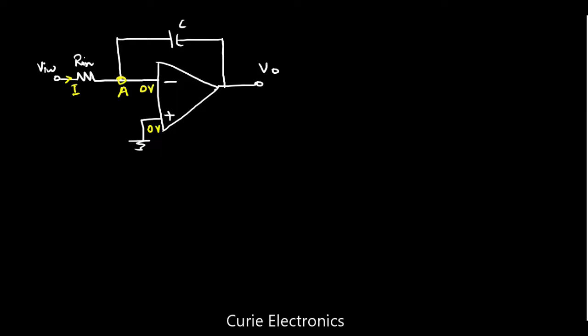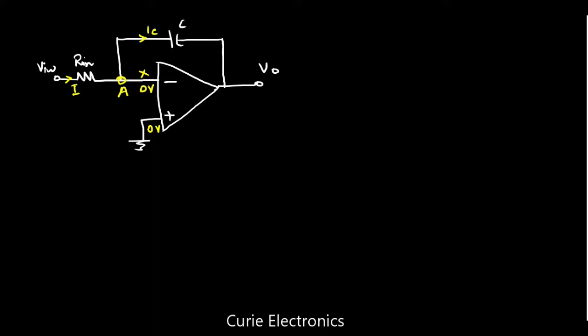Also, the op-amp is ideal. That means into the op-amp, no current flows. There's no current flow from node A to the inverting terminal. It's like an open circuit. So whatever the current I, it should flow through this capacitor. This current flowing through the capacitor, I'll take it as IC.